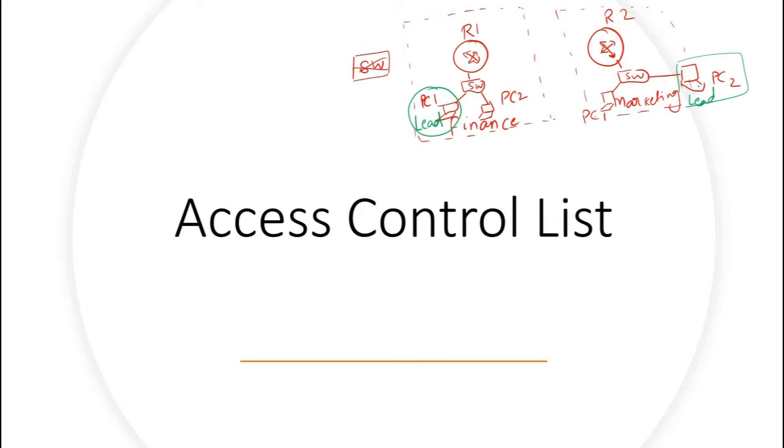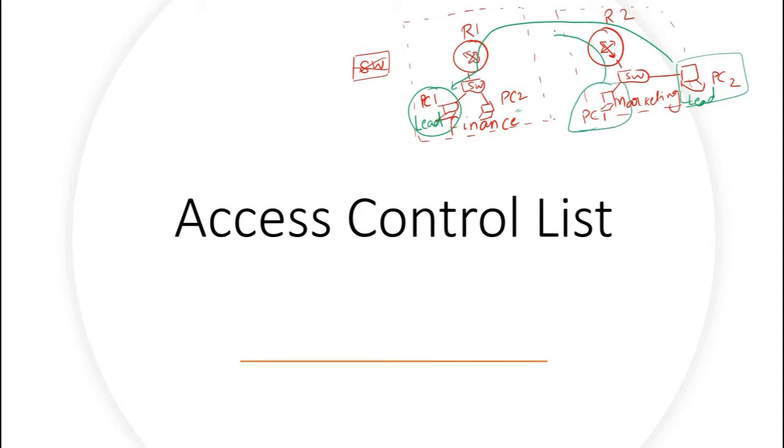So this lead may need some information from finance, right? In that case we want PC2 to be able to reach other department computers, or in fact the lead can reach other employees or members if the requirement is there. But non-leads, who are just normal members, need not contact the other department.